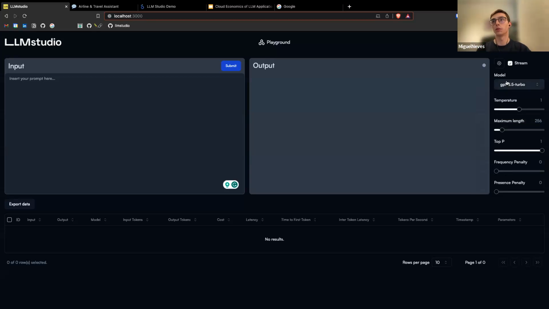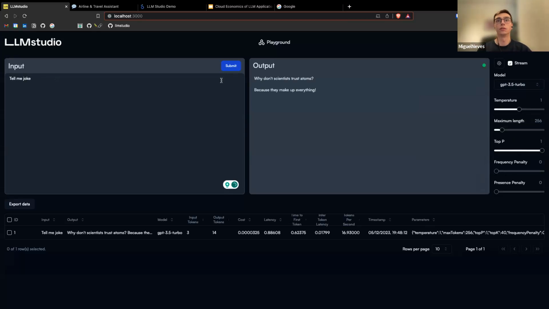You can just set up your API keys like I've done before and use a provider. You can change the parameters and you can just talk to it and maybe do some prompt engineering, so improve your results.